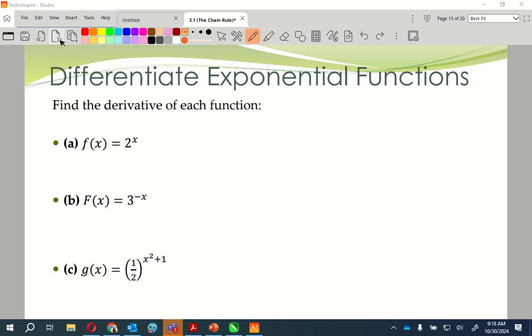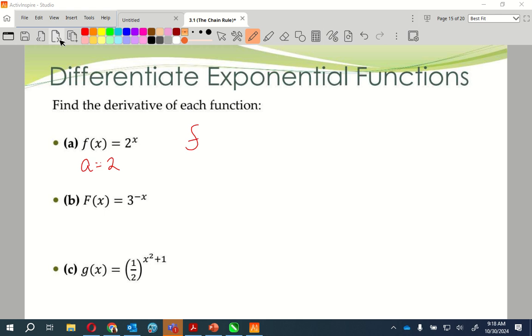Let's pretend like I paid attention. What is my a in this case? A equals 2.